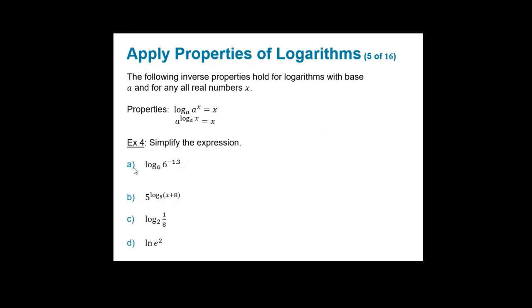So let's look at example 4, simplify the expression. A, log base 6 of 6 to the negative 1.3. So do you see that the base of the log is 6 and the base of the exponent is 6? So what is my answer going to be here? The answer is going to be negative 1.3.